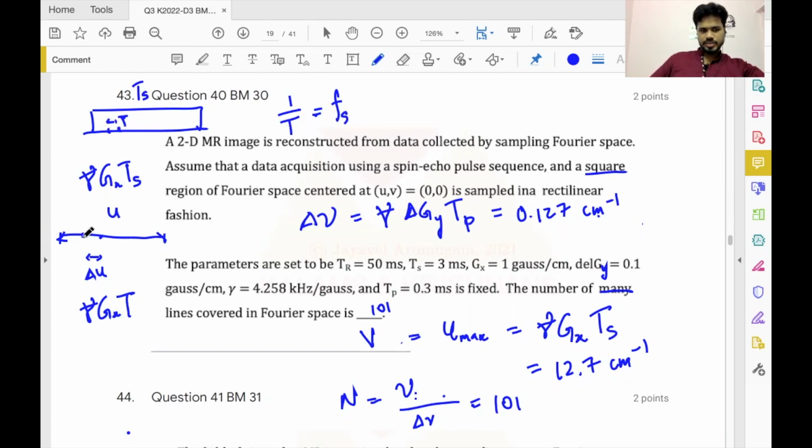The distance between a point here in the k space and a point here in the k space depends on how far apart these two points are. It moves in the k space based on how long this time is. If it is just a small part of that, delta u is just gamma gx t. Do you see the distinction between TS and this t?